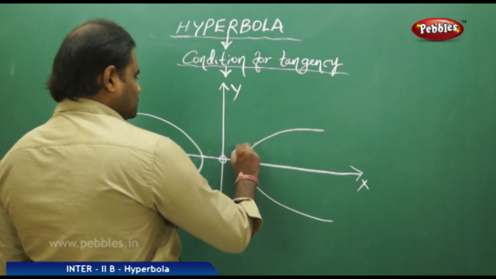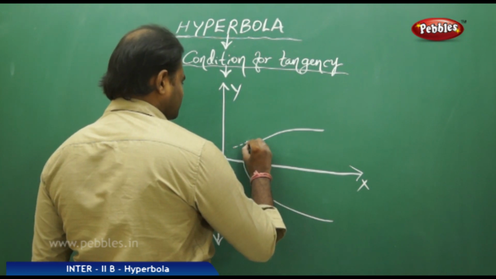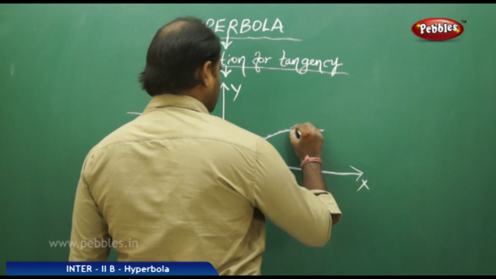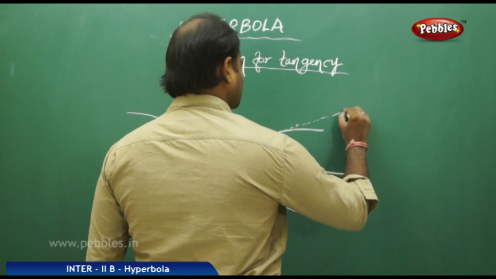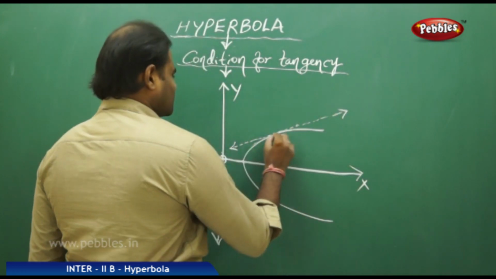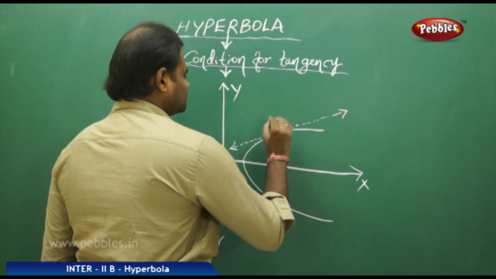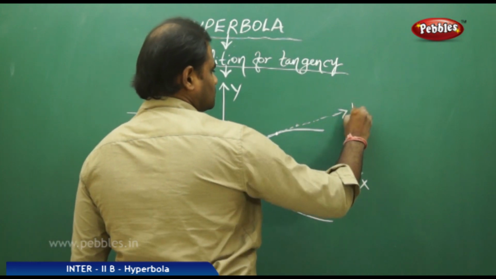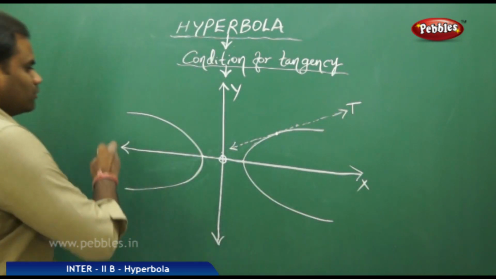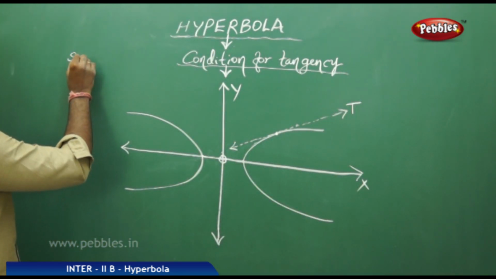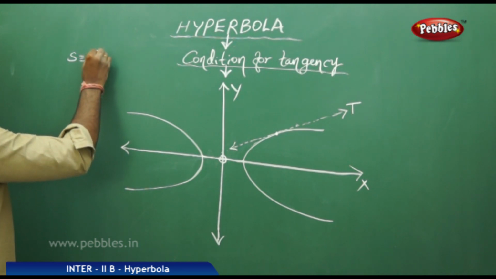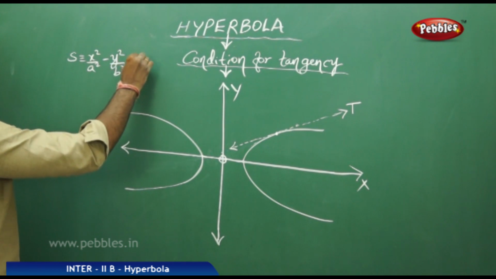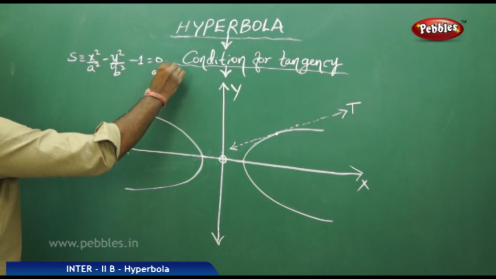and then suppose I have a line which is a tangent to the hyperbola given in standard form, x square by a square minus y square by b square minus 1 equal to 0 with a greater than b.